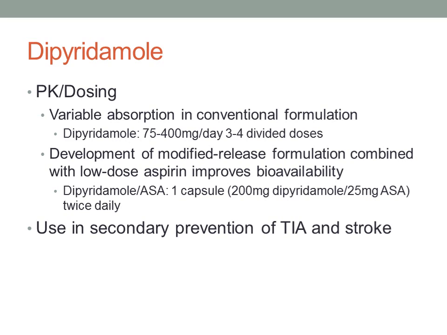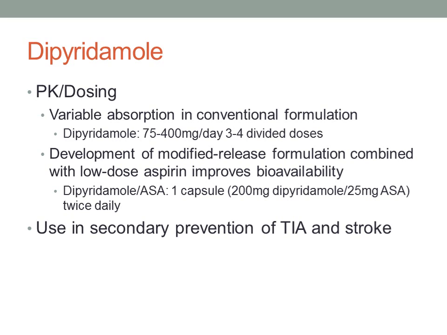Now, there is variable absorption in the conventional formulation of dipyridamole, so that results in a low systemic bioavailability of the drug. So the question was then raised, well, can the plasma concentrations of the drug needed to establish a clinically significant platelet effect be achieved after oral administration?